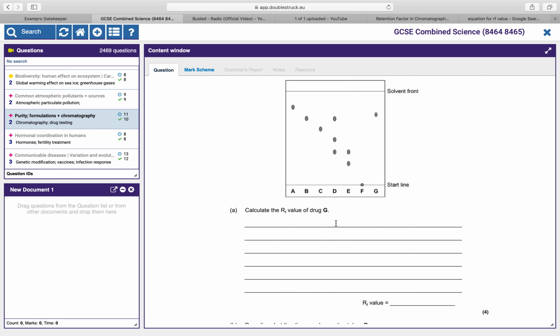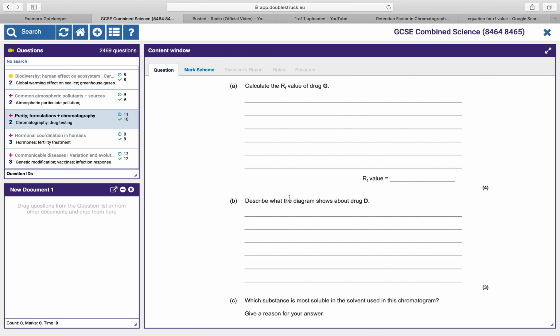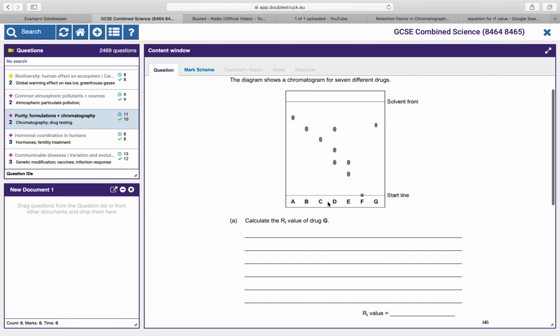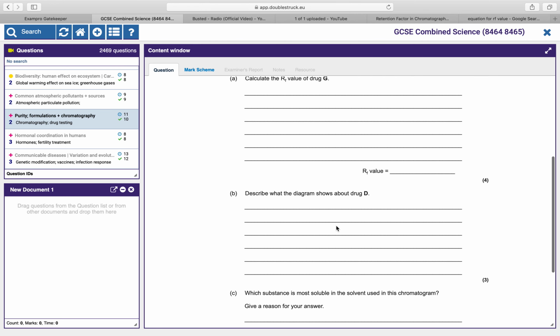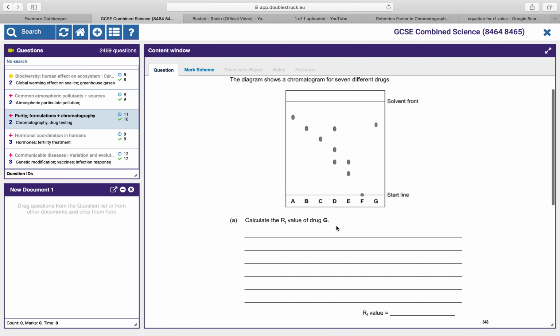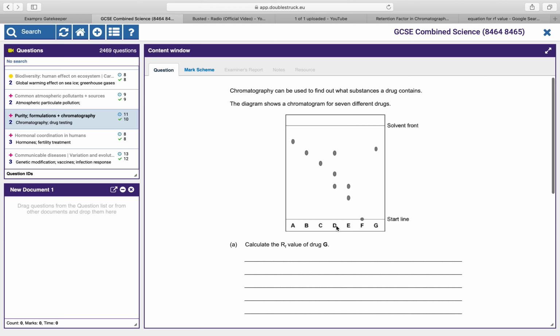Okay, so this next question says describe what the diagram shows about drug D. So there's drug D. How many marks is the question? 3 marks, so we want 3 points. First of all, we can see drug D is obviously a mixture. But let's find out what drug D contains. Can we match up with anything else here?